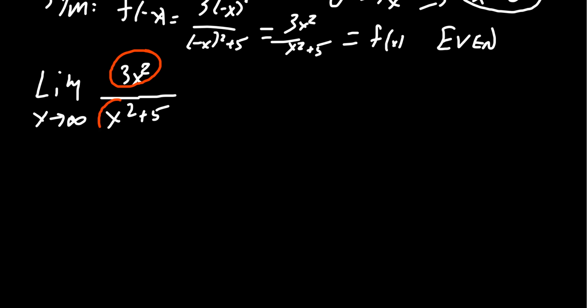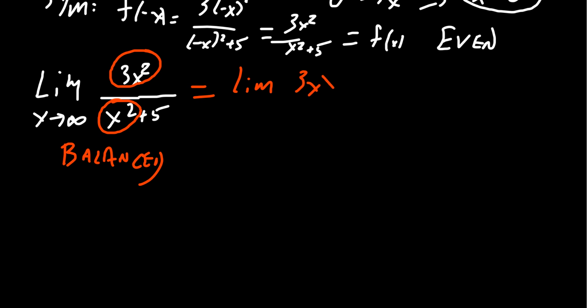And on the bottom, you have an x squared as well. So this is what we would call a balanced ratio. And so in terms of the end behavior, you only have to look at the leading terms. And so this will look like 3x squared over x squared as x goes to infinity. The x squares basically cancel out, and this will just look like 3. That is y equals 3. We have a horizontal asymptote.